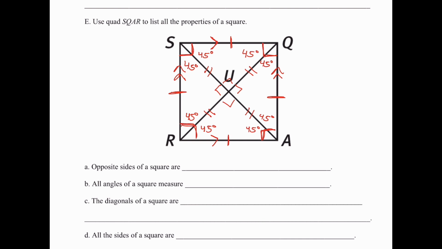Opposite sides of a square are parallel, because this is a parallelogram. All the angles of a square measure 90 degrees. The diagonals of a square are perpendicular. They form right angles. They're congruent.